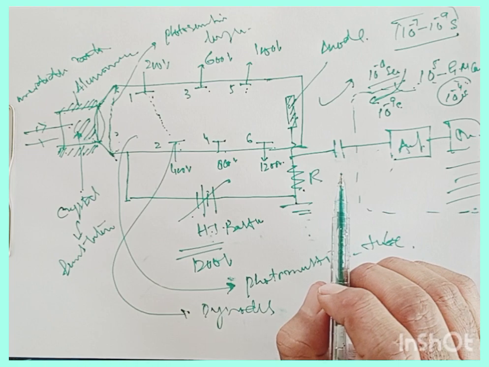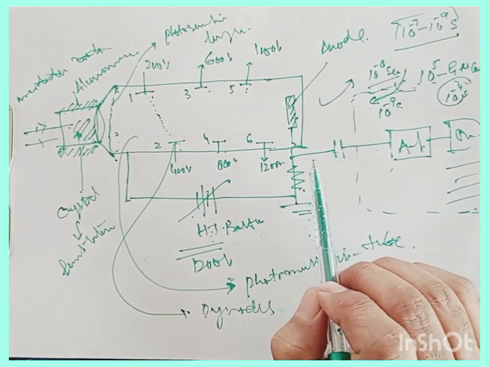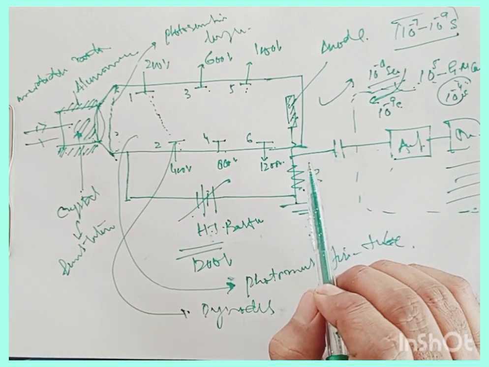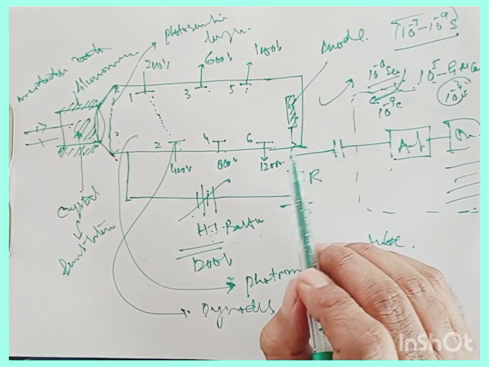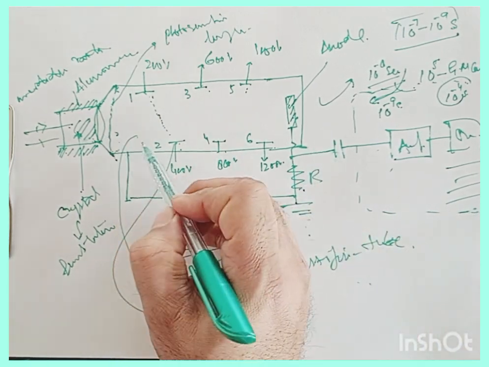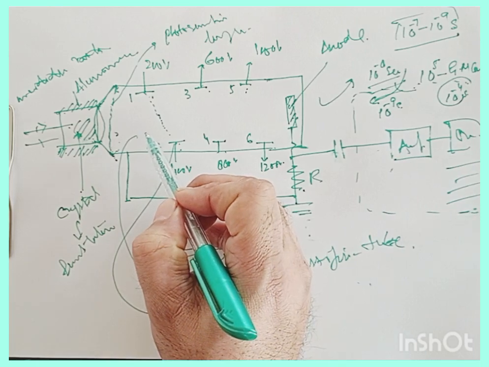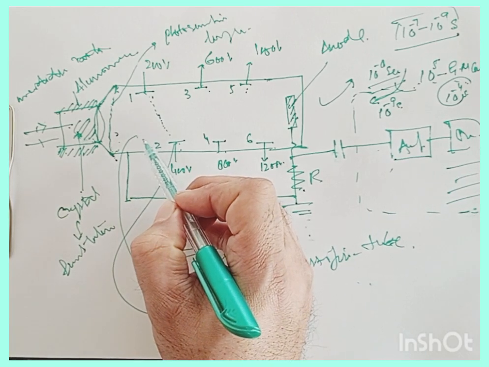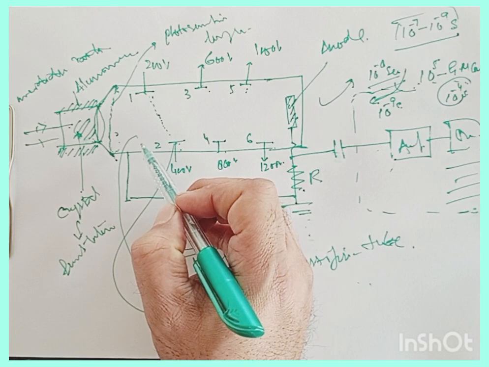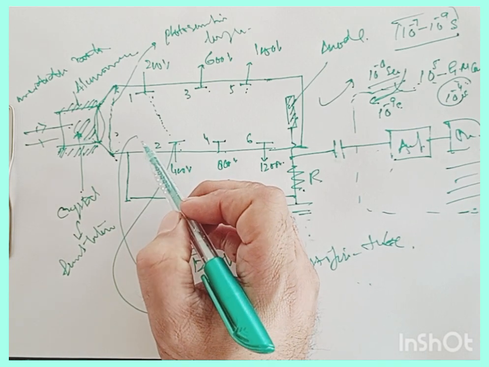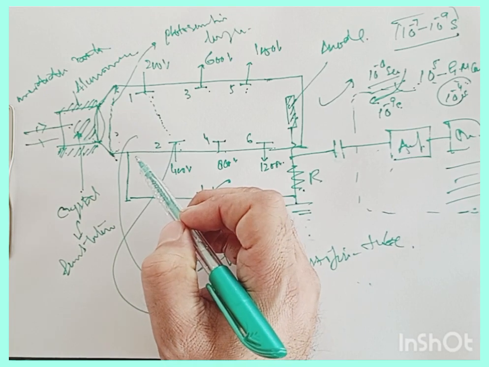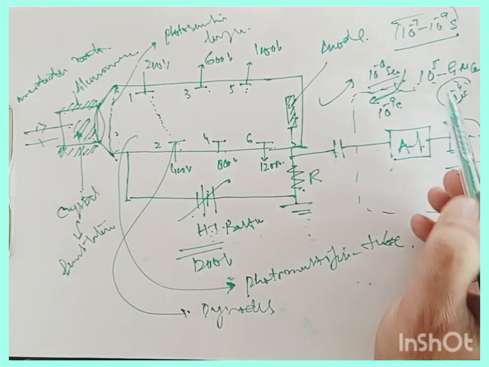Now the high efficiency of detection, the short resolving time, and the linearity in response over a wide range of incident radiations are considered the advantages of scintillation counters, and this is what makes the scintillation counter superior to the conventional GM counters.